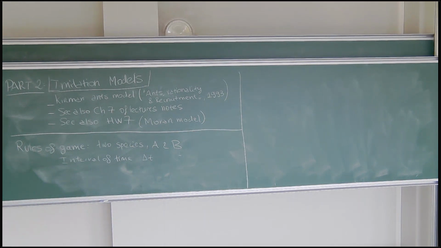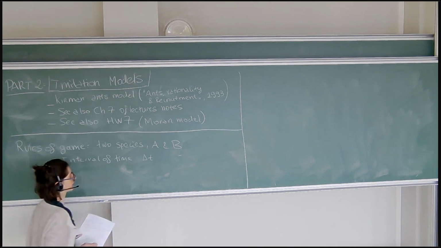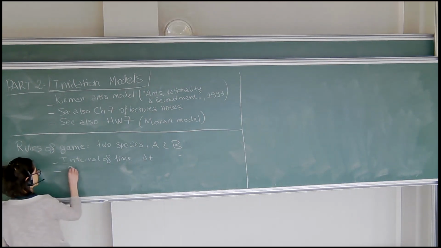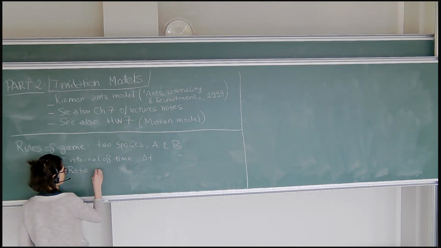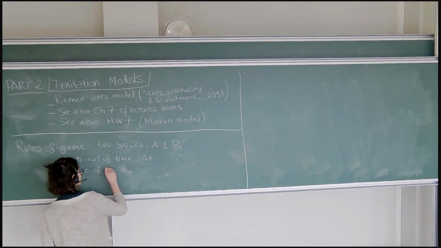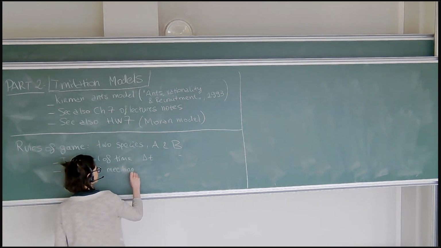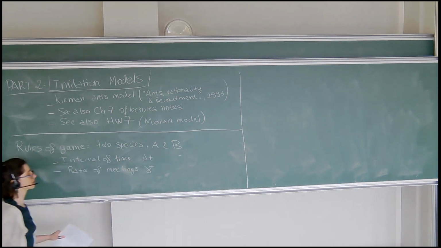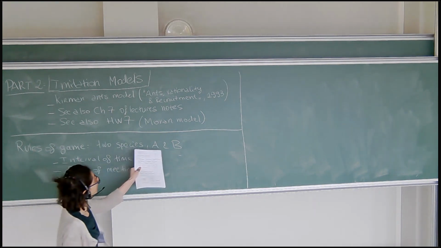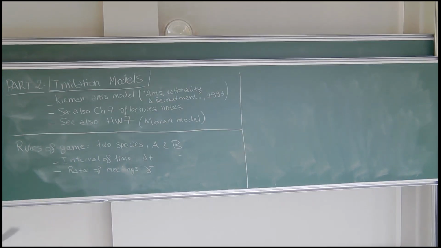We assume that these agents can meet with each other within this interval of time in pairs, and they meet with a rate that we denote with gamma. Whenever they meet, if they are of a different type, some discussion takes place.